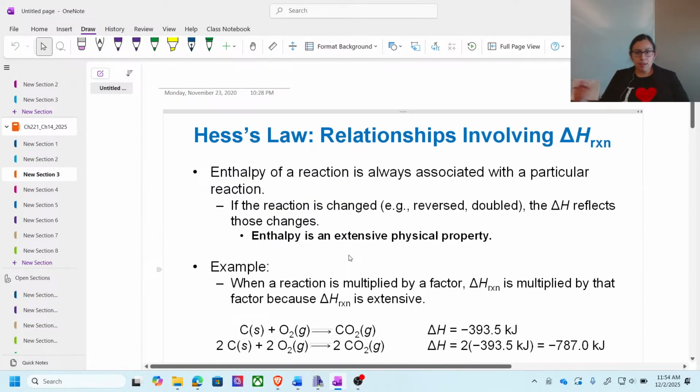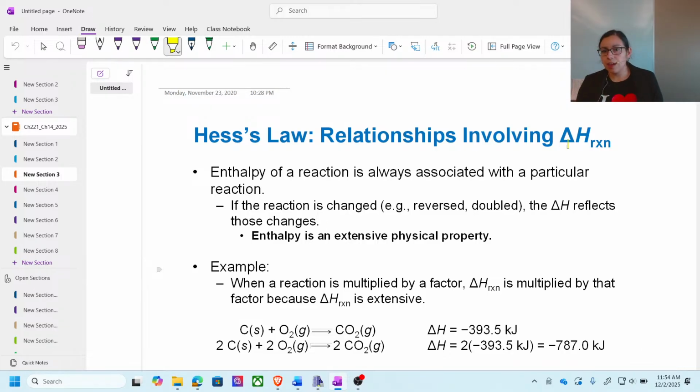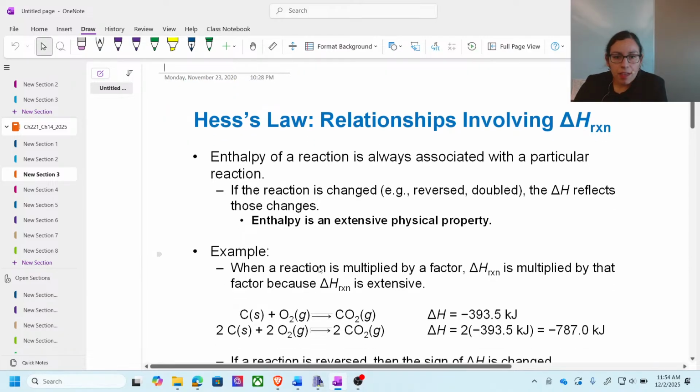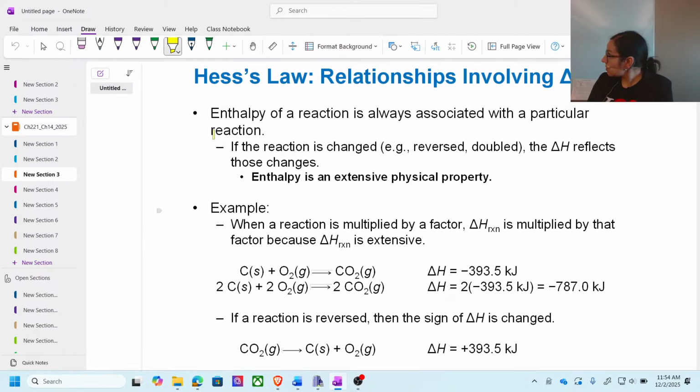All right, so then, again, we had said that our enthalpy is not path dependent, so it's a state function. And this gives us several tricks, which you'll be able to use in our lab today. So enthalpy is always associated with a particular reaction. And that means that this also reflects the amount stoichiometrically.